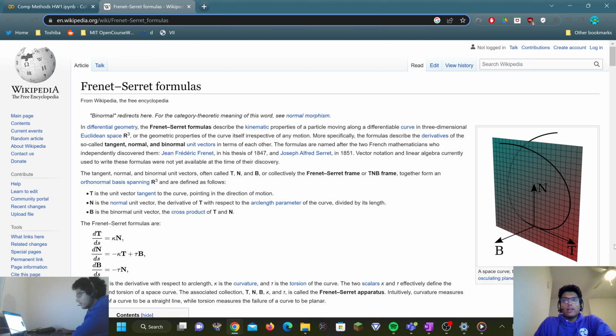N is the unit normal vector, the derivative of T with respect to the arc length parameter of the curve divided by its length. Physically, that's how the curve is turning. And B is the binormal vector, the cross product of N and T. That cross product is perpendicular to both N and T, which you can see in the diagram, and that's how the curve is twisting.